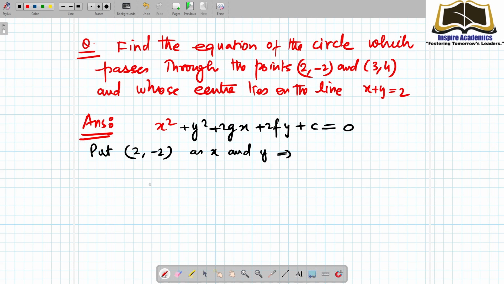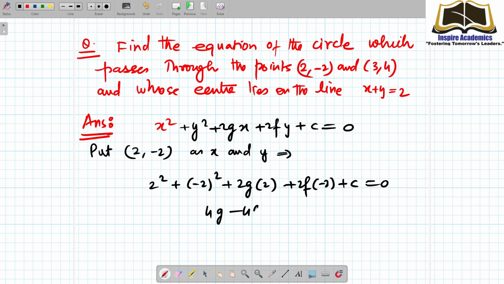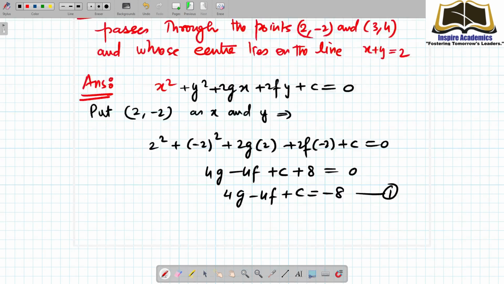So what shall we get? 2 square plus minus 2 square, 2g into 2, 2f into minus 2 plus c is 0. So 4g minus 4f plus c plus 8 equal to 0. So we shall get 4g minus 4f plus c equal to negative 8. Let's say this is equation 1.